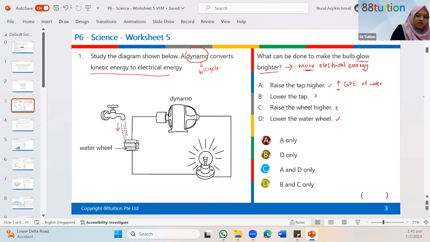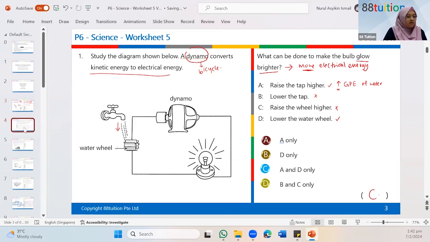Lowering the water wheel, making it further away from the tap, will result in more kinetic energy of the water. More kinetic energy means you're going to end up with more electrical energy in the bulb later on. So A and D are correct. Answer for question 1 is C.